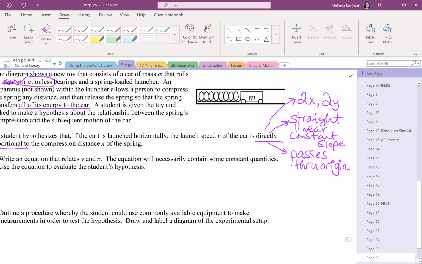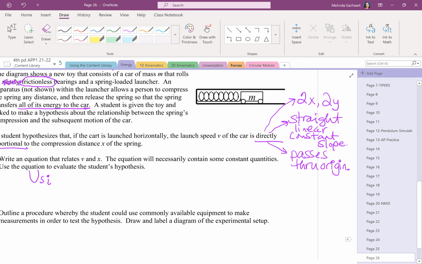Okay, it all starts with an equation. And so we compress this spring, we store what kind of energy? Potential elastic. And so we're starting out at full compression with an elastic potential energy. And so, by the way, since they said it's frictionless and there's no height change, we're just going to take a conservation approach. And so in the beginning at full compression, we only have elastic potential energy.